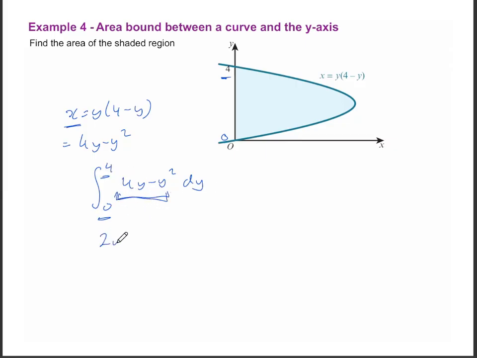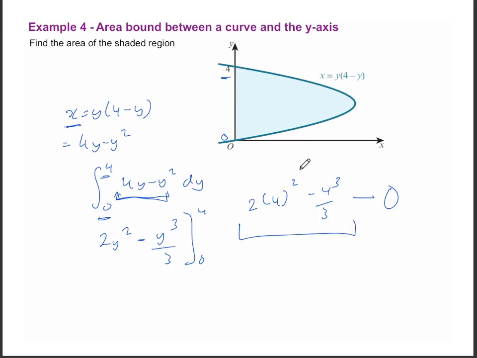We're going to get 2y squared minus y cubed over 3. And this we have to put in the limits of 0 and 4. We will get 2 times 4 squared minus 4 cubed over 3. And all that subtracted by the 0 part, which will just be 0 because 2 times 0 squared is 0 minus 0 cubed over 3 is also 0.